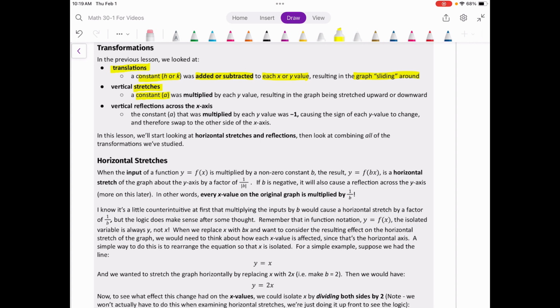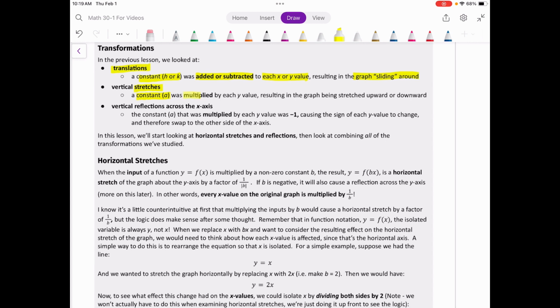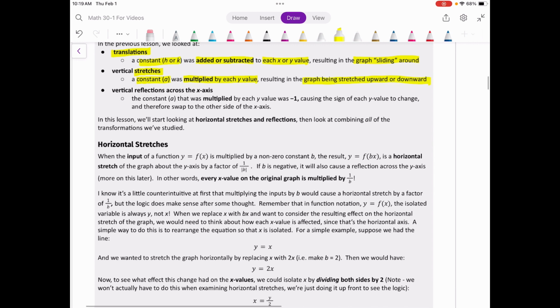And since we're actually stretching, changing the shape of it, we're not just adding or subtracting something to each y value, we're actually multiplying each y value by that constant, a, the vertical stretch parameter. And that resulted in the graph being stretched upwards or downwards, okay? Or both, really. It's stretched vertically about the x-axis, we say.